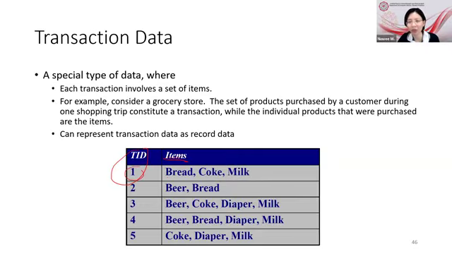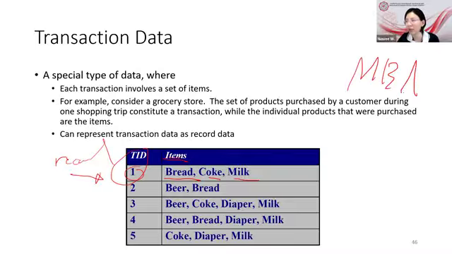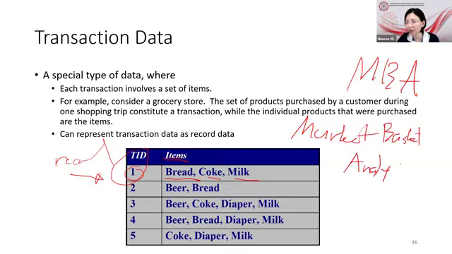For example, this customer checked out once and they bought bread, Coke, and milk. So this is a transaction that was purchased at that one time. Okay, so this can be represented as a record, right? We will use this in the MBA application, market basket analysis, later on in the course.